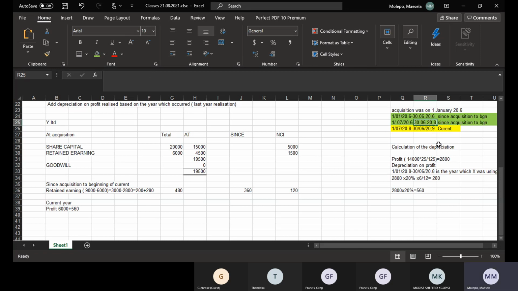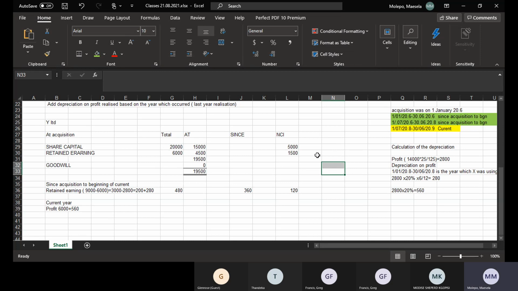So we realize on the year after it was used, because the current year, the yellow one, the realization part will be recognized in the next financial year. So when we realize using the backwards method, whatever happened this year will be realized next year, and whatever happened last year will be realized in the current year. So the 560 comes from the portion of 1 July 2007 up to 30 June 2008.